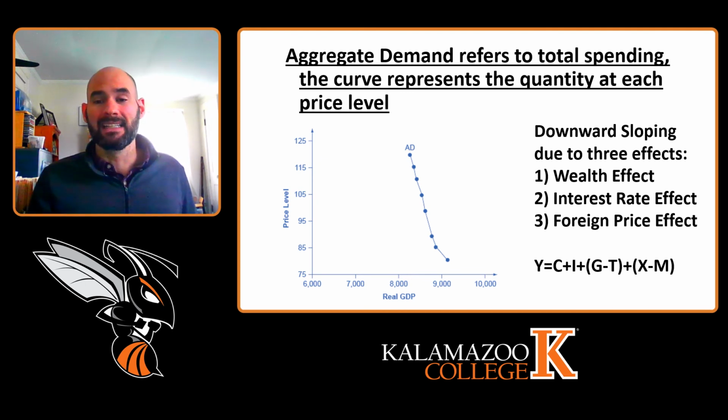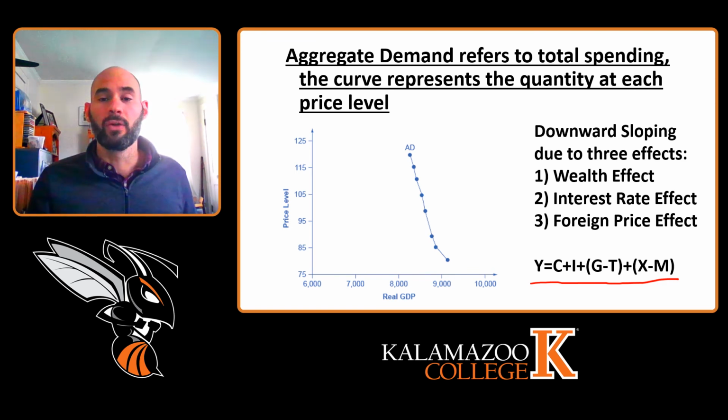It's going to slope down due to the wealth effect, the interest rate effect, and the foreign price effect. And all of those are going to be related to our conception of GDP as being measured by the demand side, the consumption side of GDP, where we think of GDP as C plus I plus G minus T plus X minus M, kind of like we did in the Keynesian cross model.